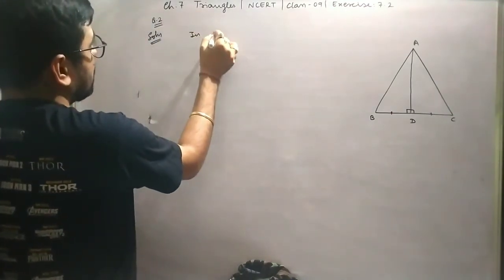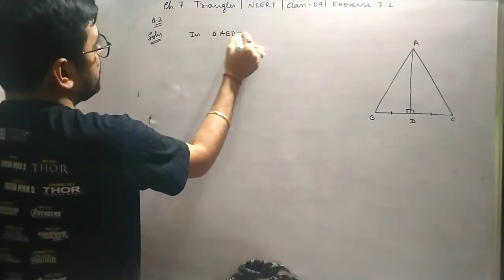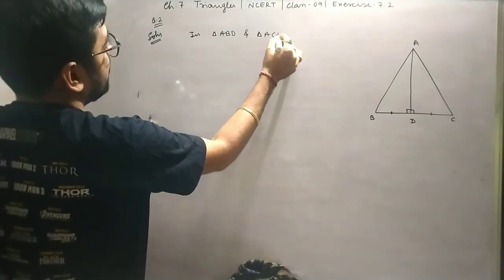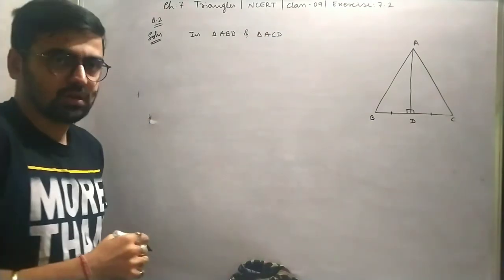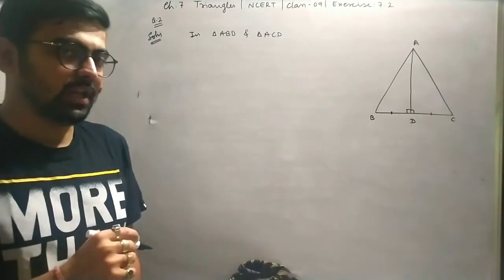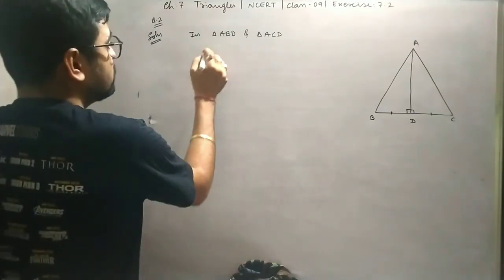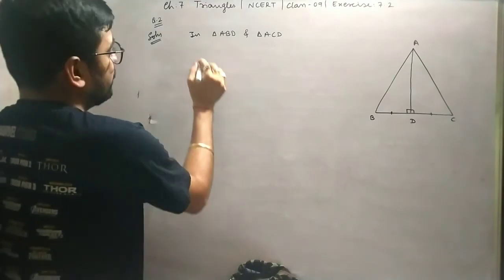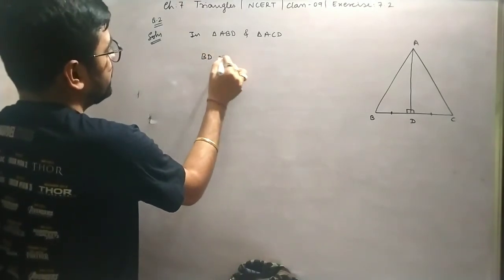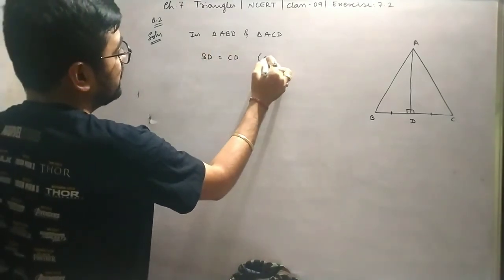So let me talk about triangle ABD and triangle ACD. Triangle ABD and triangle ACD. Now in these two triangles what do we have? So first thing I have is BD is equal to CD. Why?